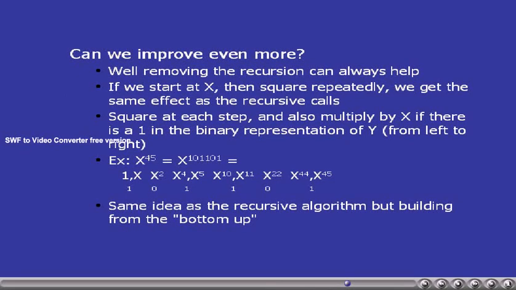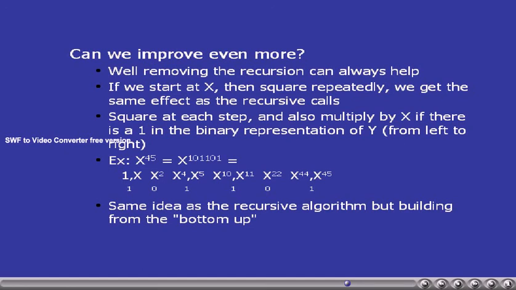Can we improve this divide and conquer procedure further? Yes, we can improve by trying to eliminate recursion. We propose the following algorithm. We consider the bit values in the y. For example, the binary code of 45 is 101101.